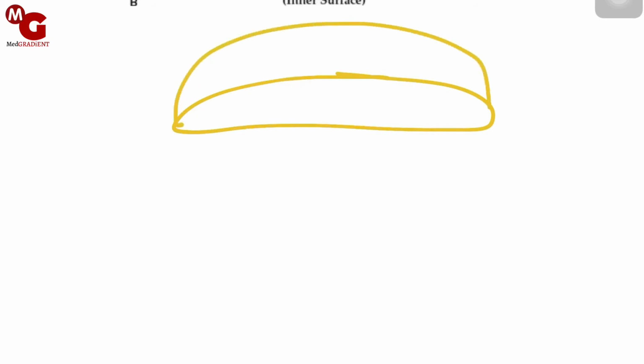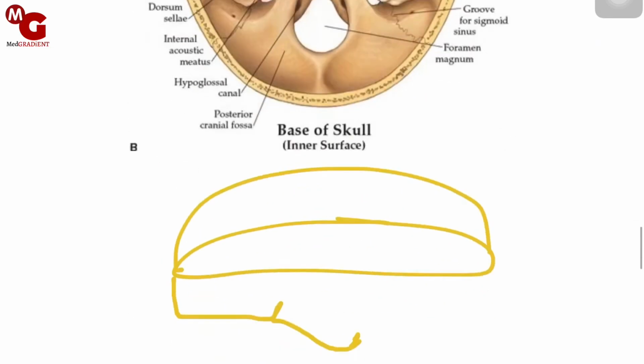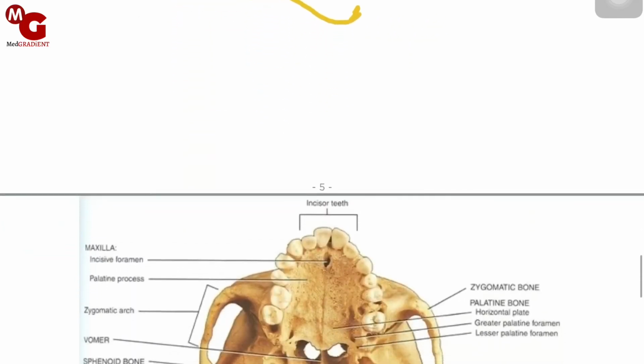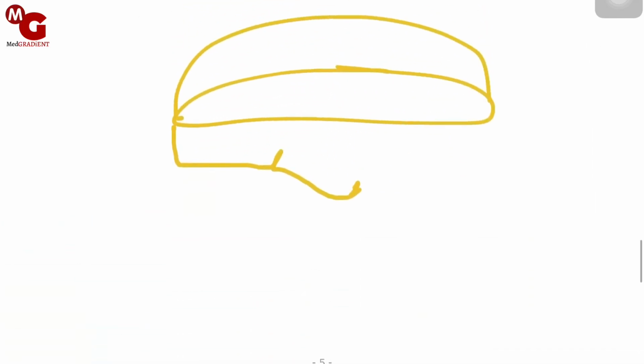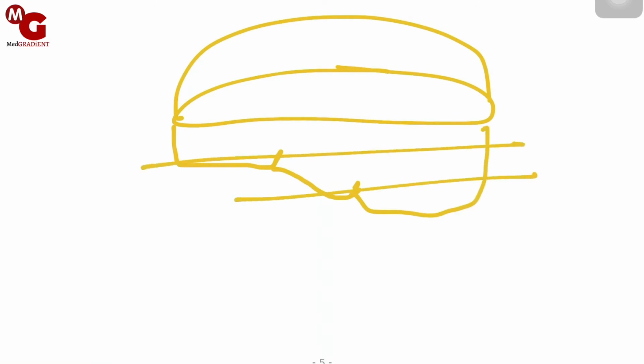Let me adjust the thickness. We had the calvaria, we opened the calvaria, but inside this is the first floor, then something in between, the second floor, and then we have the third part, I mean over here, right? The first level, the second level, and the third level. So what interests us in this?